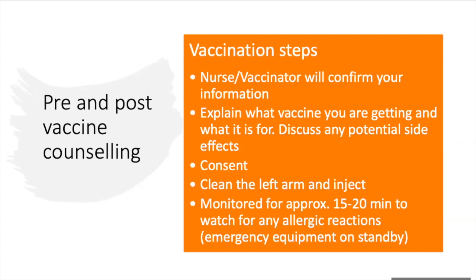They'll tell you where and how they're going to inject. Then you will give consent. Everything is electronic, so you're not going to be signing anything. That's how we are able to keep track so well of the number of vaccinations done. So you will give consent.